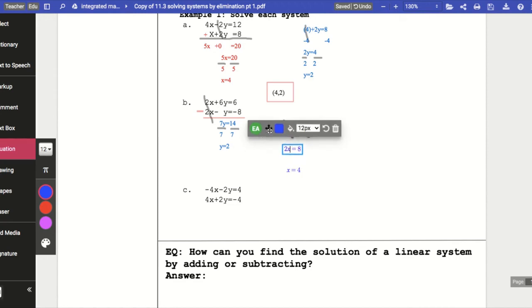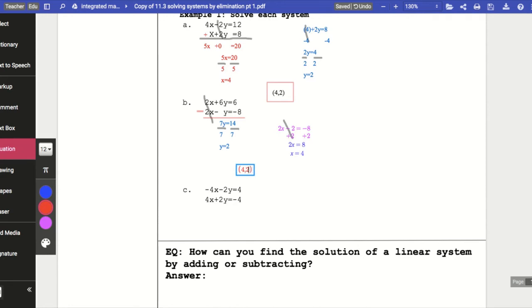I'm just being lazy. So then our x value is 4. So now I have my x value, I have my y value. So my solution is the point 4, 2.